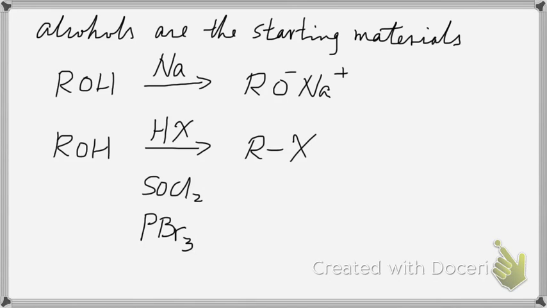With HX, hydrogen halide, or thionyl chloride to make chlorides, or phosphorus tribromide to make alkyl bromides. So I hope all these reactions that you have learned previously will come back in your mind, and you can use these reactions as needed.